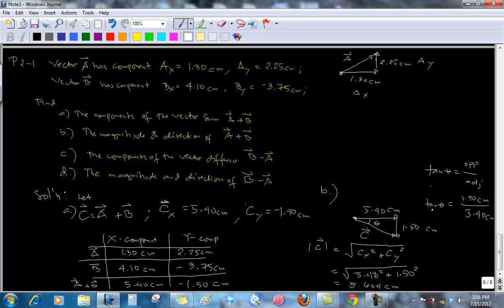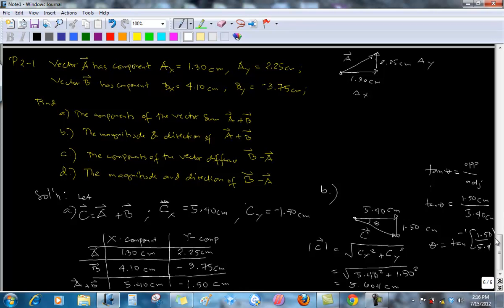Now, what we are looking for is theta. Since it is tangent theta, theta will be equal to the inverse tangent of 1.5 over 5.4.